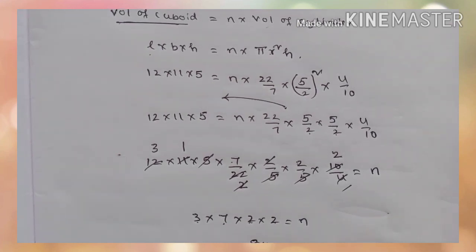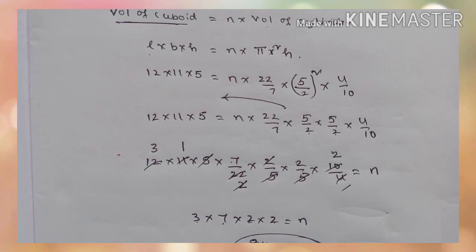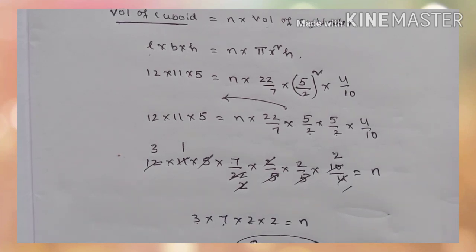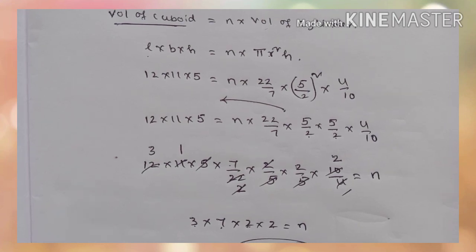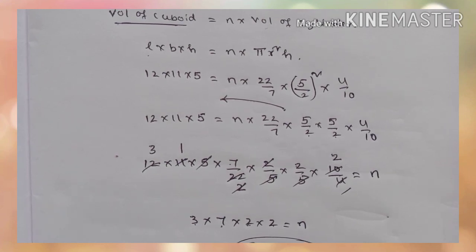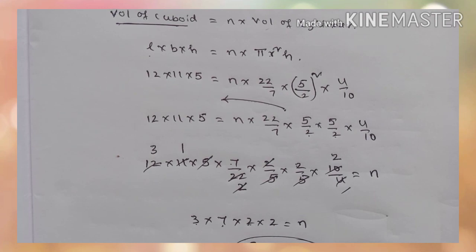Right? So how many silver coins should be melted? 84 silver coins should be melted, so that we can form the cuboid of the required dimensions.